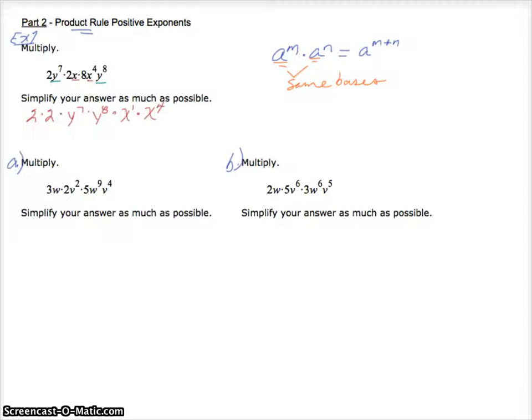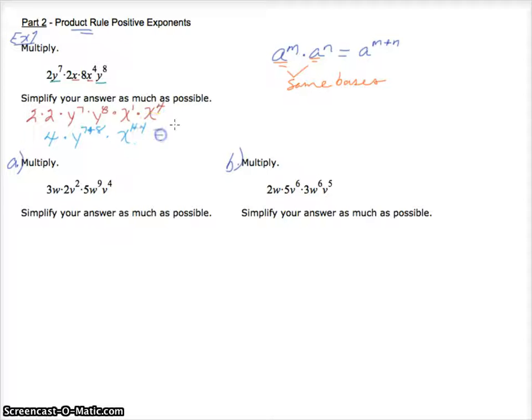Now I'm going to multiply all these together and apply my power rule. When I'm just multiplying constants, the constants multiply together like normal, so I get 4 times y to the 7th times y to the 8th, so it's y to the 7 plus 8 times x to the 1 plus 4.